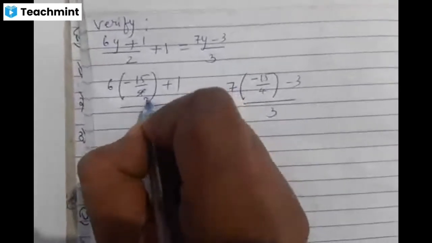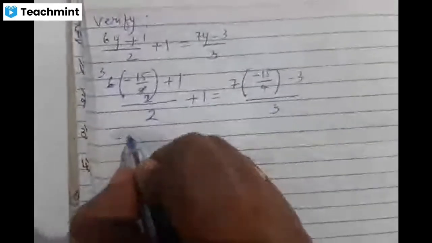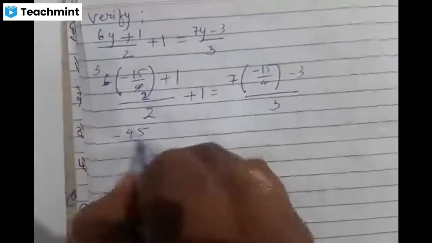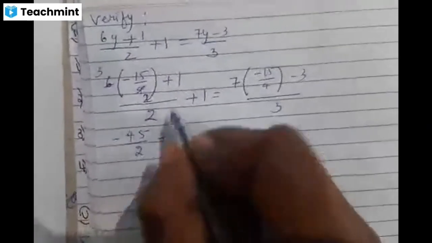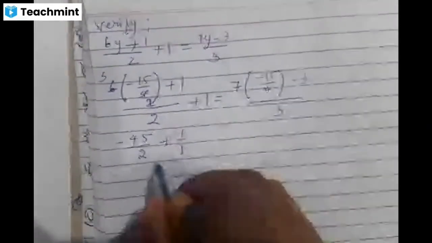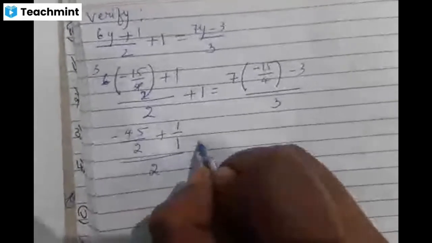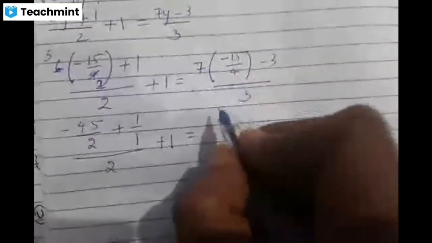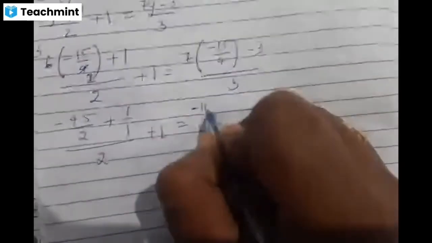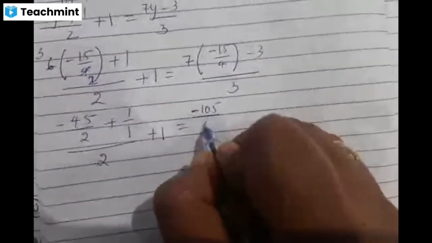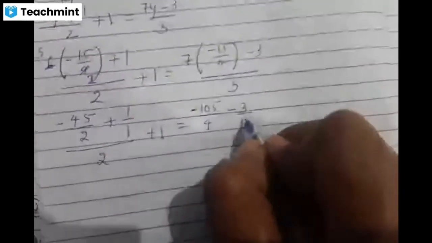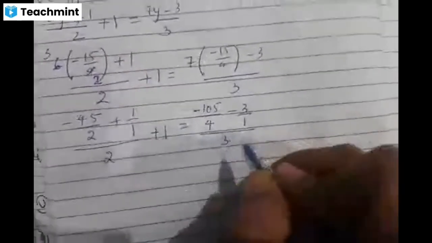Now, if it is possible, cancel, children. 2 ones are 2 or 2 twos are 4, 2 threes are 6. Plus into minus is minus, 15 threes are 45 divided by 2 plus. Here it is 1, 1 means 1 by 1 whole, divided by 2 plus 1. In the right hand side, no cancellation is possible. So directly multiply: 15 sevens are 105 divided by 4, minus 3 means minus 3 by 1, divided by 3.